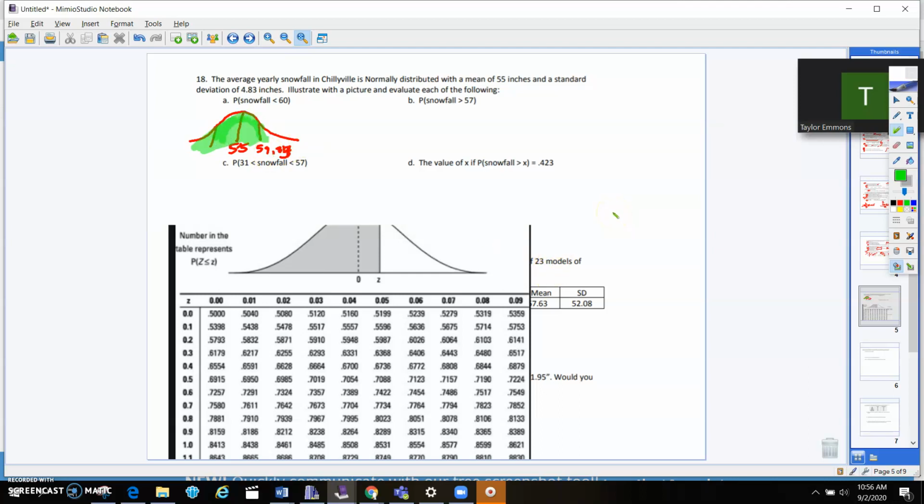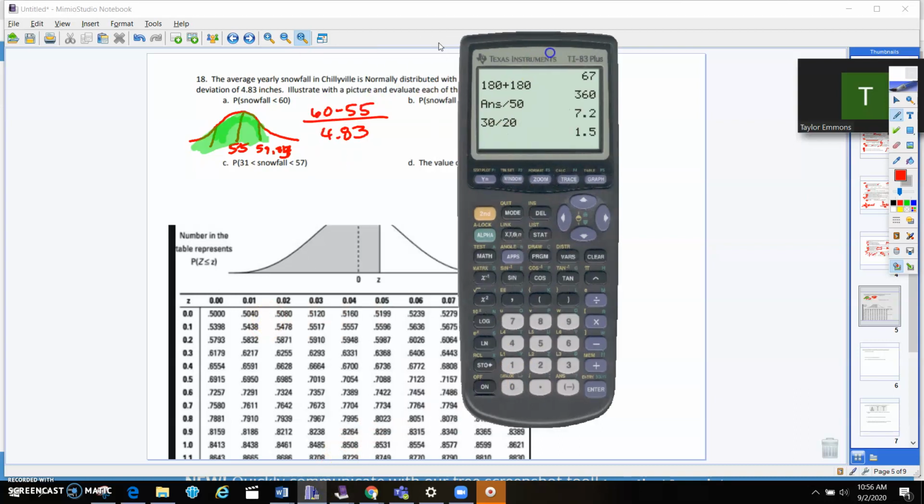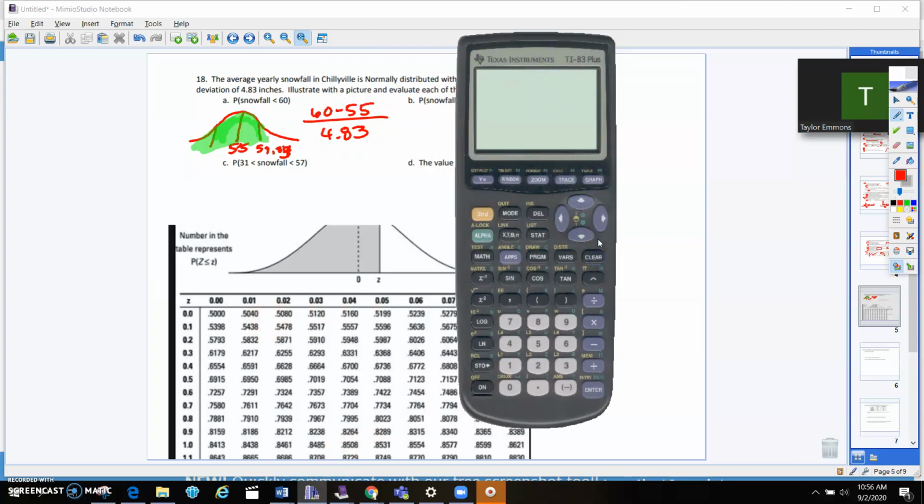So now I actually have to calculate it, okay? In order to do that, I'm going to take 60 and subtract the mean and put it over my standard deviation. So I'm going to go into my handy dandy calculator and type 60 minus 55, and then divide it by 4.83.